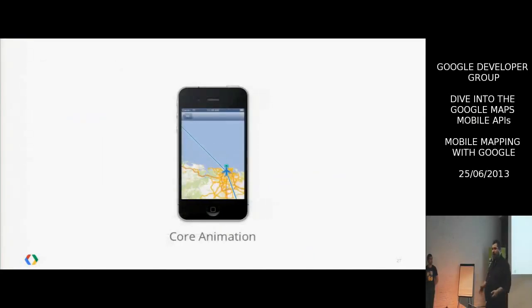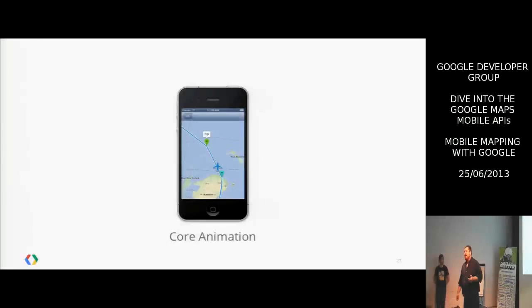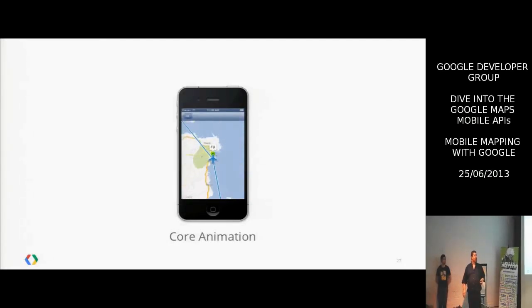We have some cool things. We have, for instance, Core Animation support. So this is a demo that Luke did showing how you can do some cool animations using Core Animation. And you can see here we have a plane flying over the international date line, going down into Hawaii, and using this to do a nice, very smooth animation.